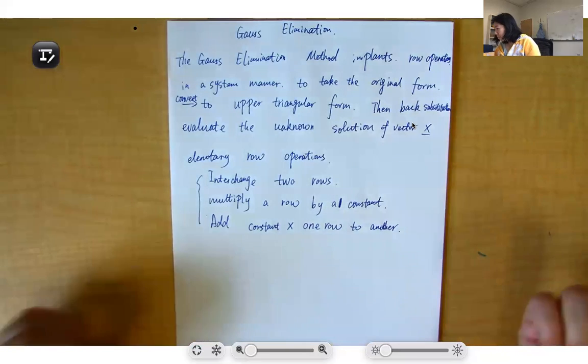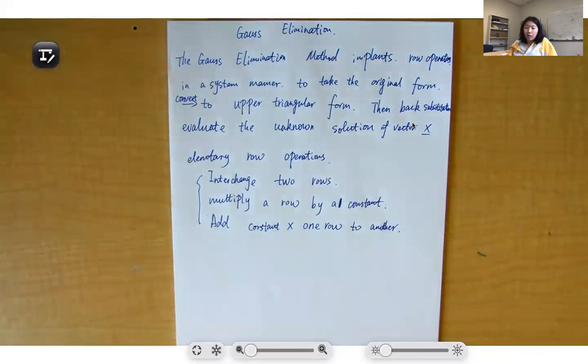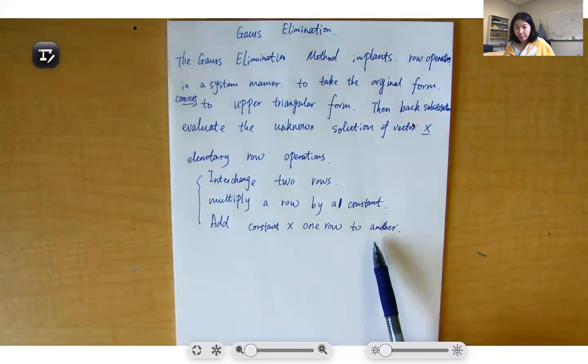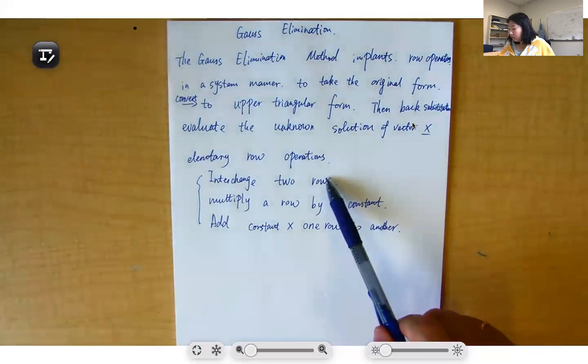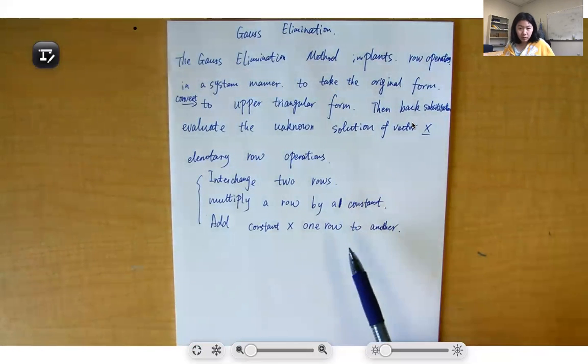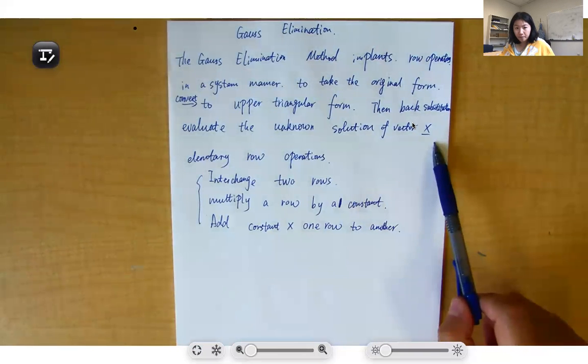So there are three different elementary row operations. One, you can interchange two rows, or you can multiply a row by a factor, or you can add a constant times one row to the other.